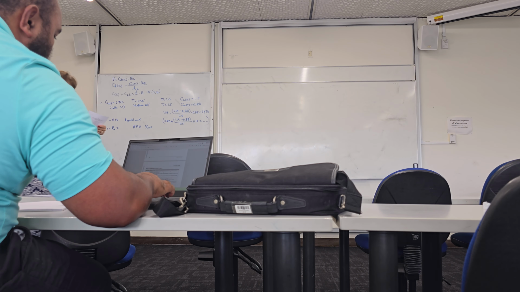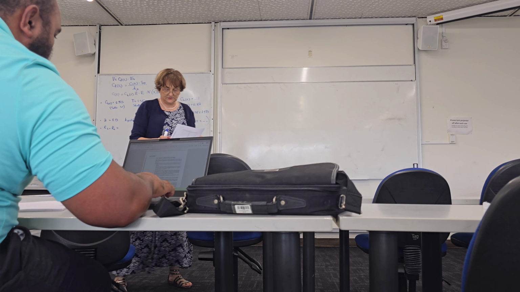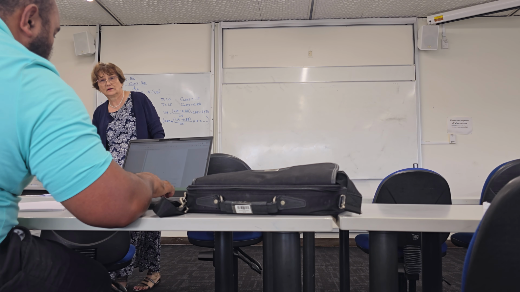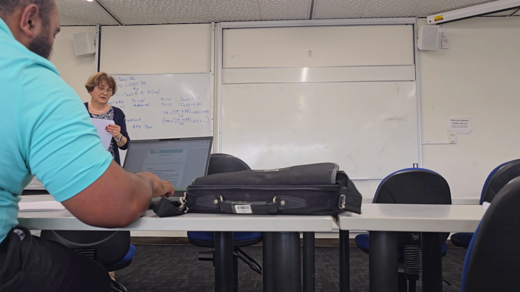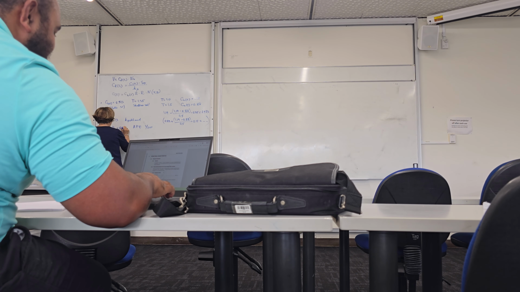And you go, 1 divided by 250, RU is 0.75.